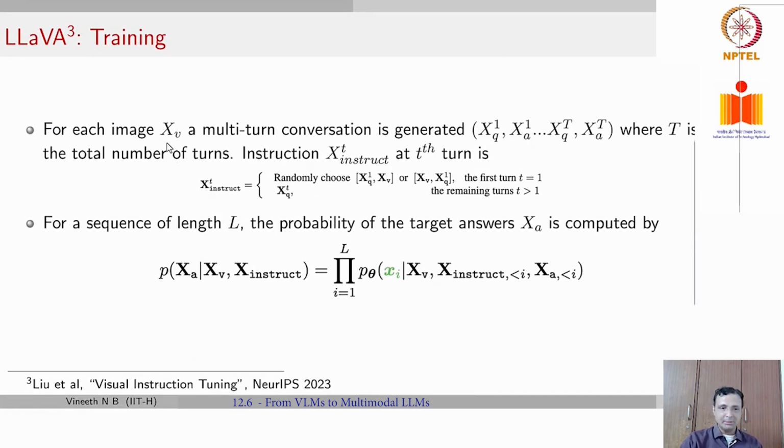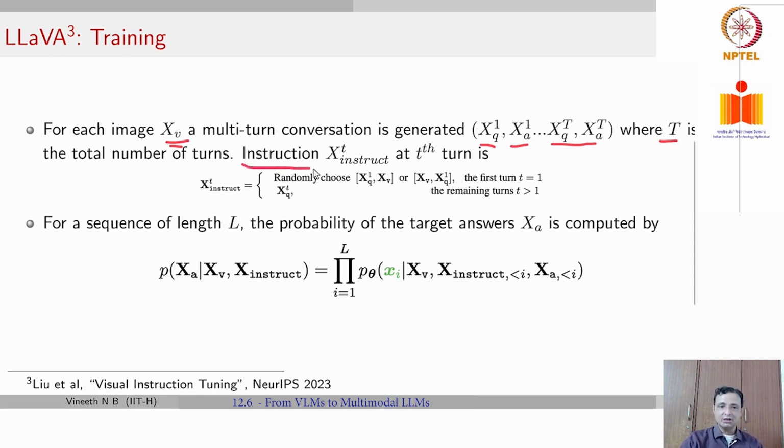Then for each image, they generate a multi-turn conversation which can be denoted as XQ1, XA1, that's a question and an answer, the first one. Then you would have XQ2, XA2, the second question and answer, and so on and so forth until T questions and answers, where T denotes the number of turns.